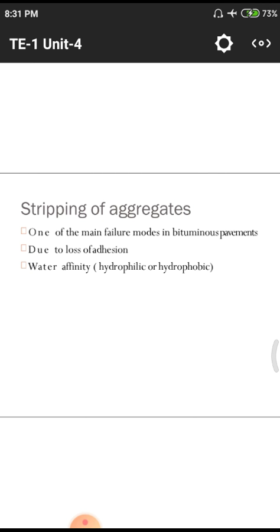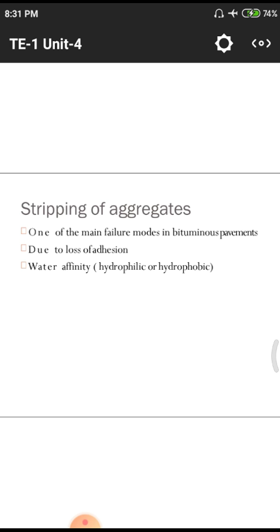Next one is stripping of aggregates. What is stripping? As we discussed previously, if there is no proper bond, no proper friction between aggregate and aggregate, this stripping takes place between aggregate particles. It is one of the main failure modes of bitumen pavements.